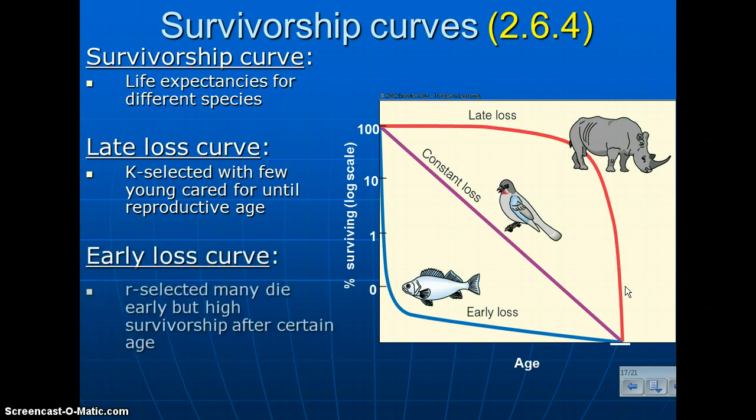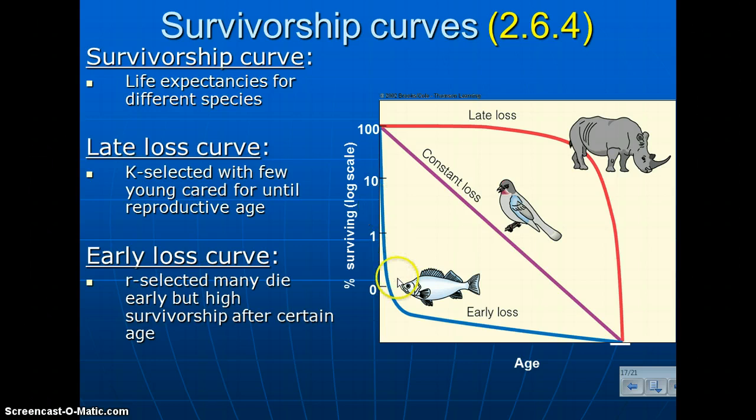Versus early loss species like rats and fish and mosquitoes, where it's very unlikely they will make it past infancy, and if they do make it past infancy, which is wonderful, they tend to live pretty well, but a lot of them die really early in their lifetime.